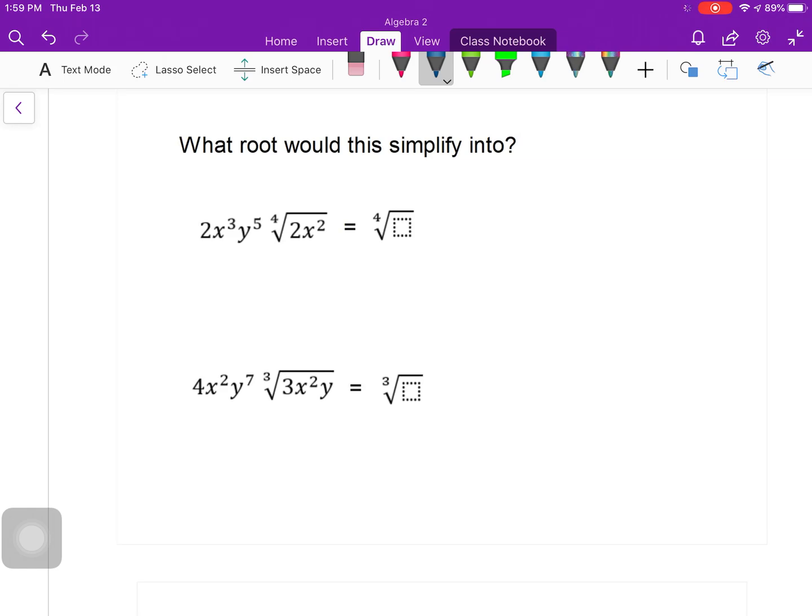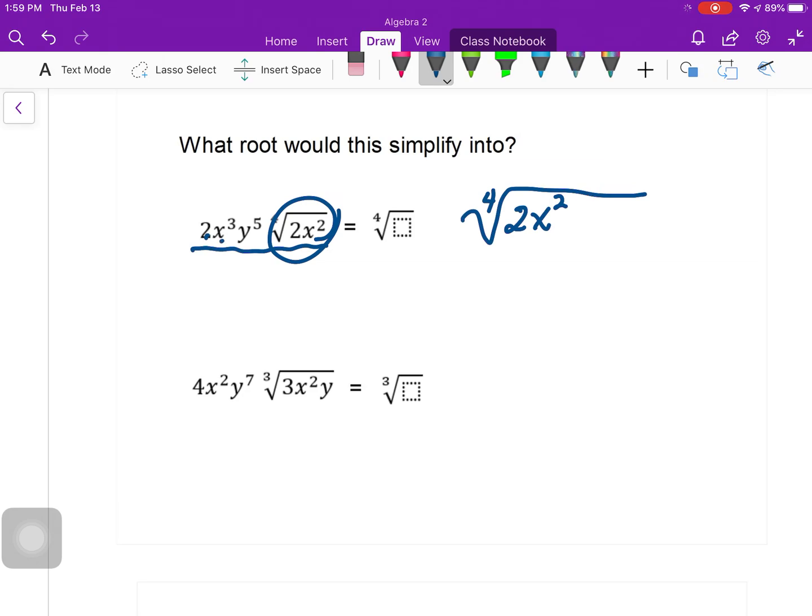All right, on these we're going to put everything back into the root. So I'm looking for the 4th root of what gave me this answer. So I'm going to put my 4th root down. I presently had a 2x squared underneath the radical, so I'll keep that there.